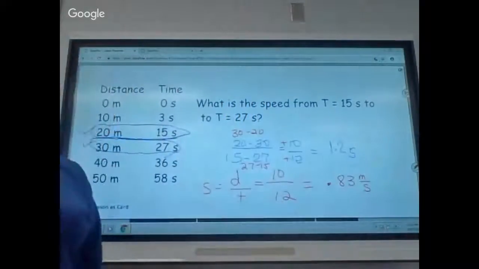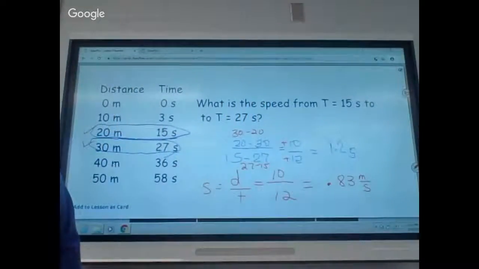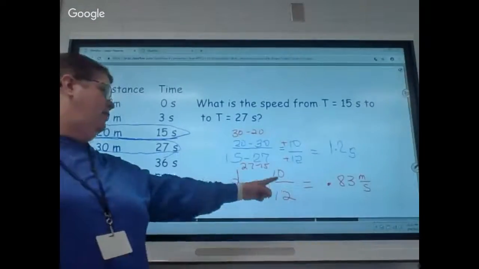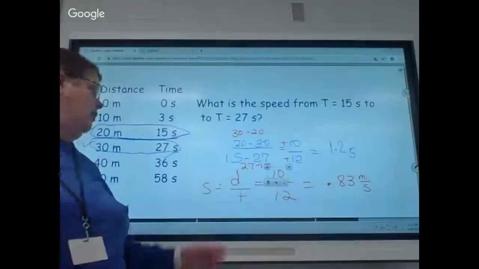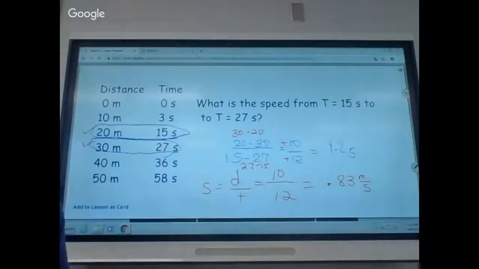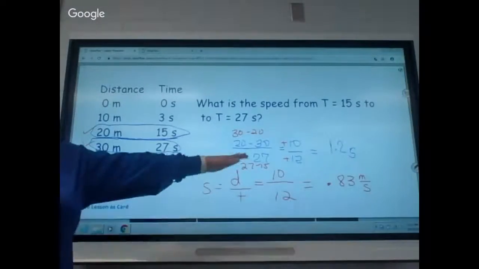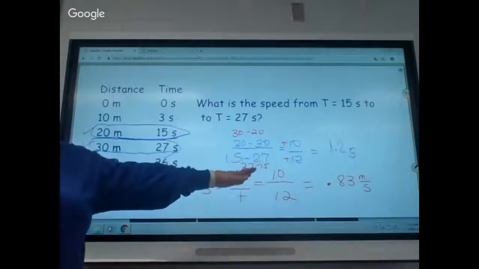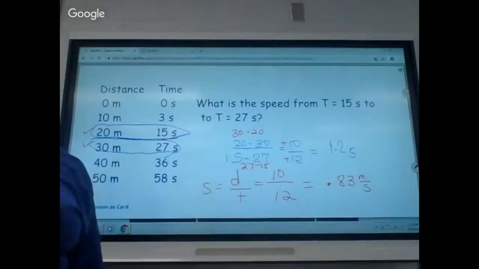All right? They did all the work right, and they punched it in the calculator backwards. They said 12 divided by 10 in the calculator instead of 10 divided by 12. When you punch that in the calculator, it's whatever number's on top divided by whatever number's on the bottom.